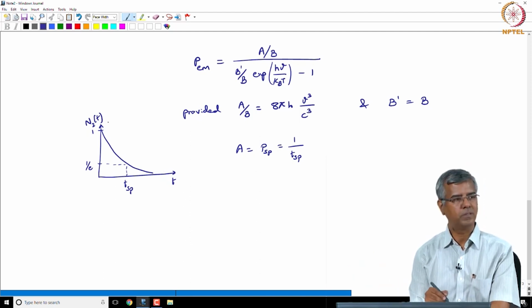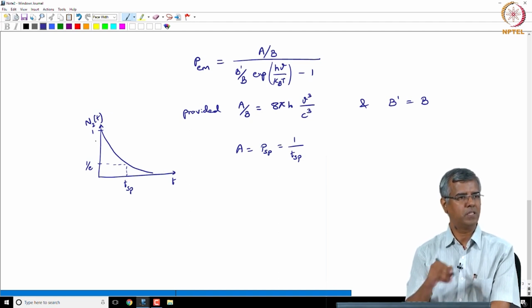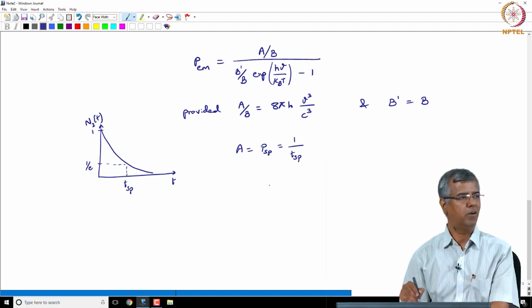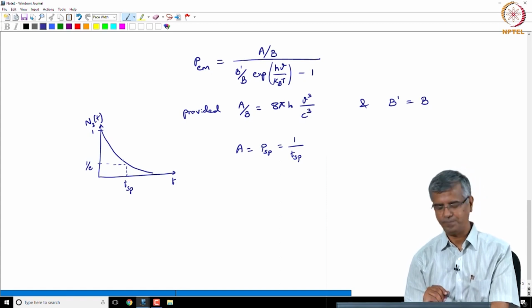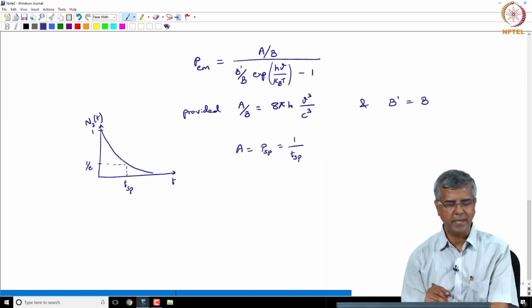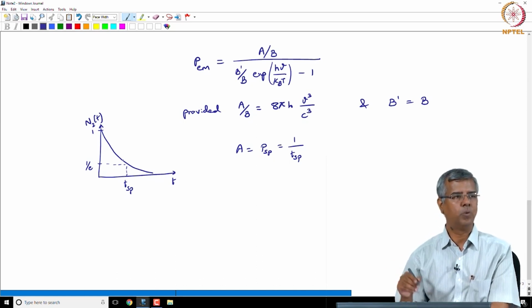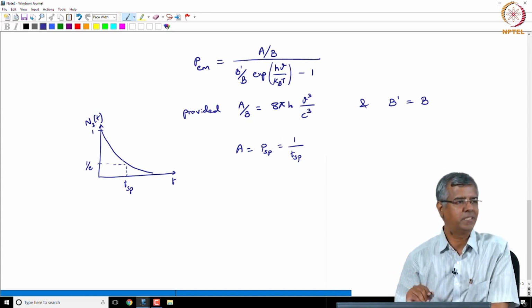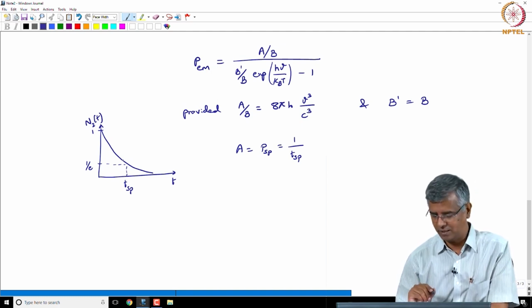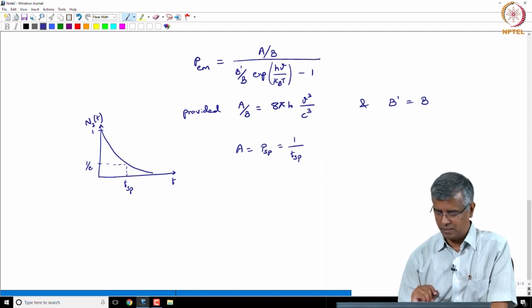If N2 is reducing as a function of time, that means the spontaneous emission is happening all along. It's just that where it goes to 1 over e, that's what we characterize as the spontaneous lifetime. So, it gives you some idea of the time scale over which most of the emission happens, but it is not a deterministic delay that some people may think of.